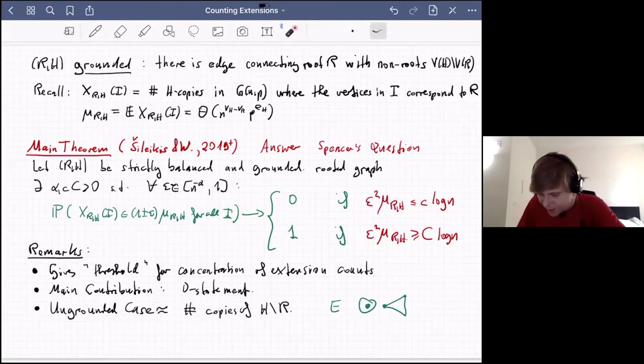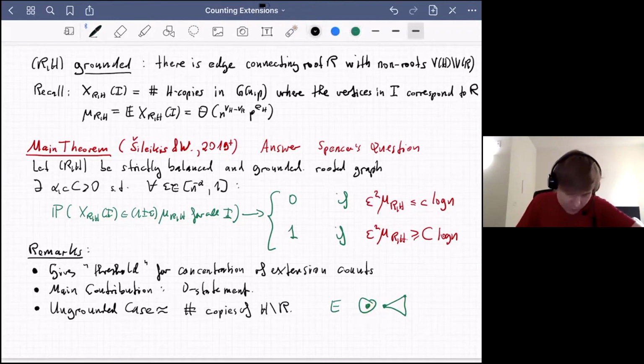But intuitively, it's quite clear that the number of such extensions is basically the total number of triangles in the entire random graph. The idea being that the number of triangles sitting on this particular vertex should be quite small compared to the total number of copies. So here, based on this, the answer changes.